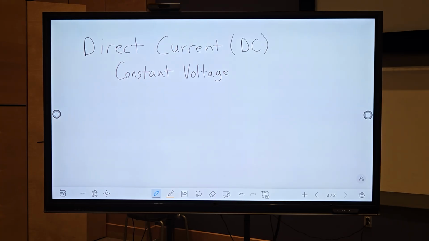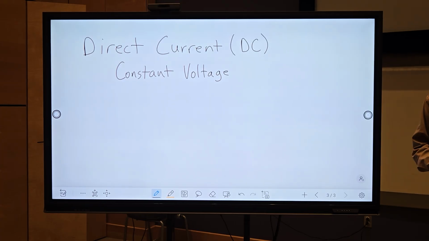For a AAA battery, it's 1.5 volts. For a car battery, it's 12 volts. For an HEV battery, it's 6 volts typically. It just varies depending on the source, but it's a constant level, a constant voltage relative to ground.